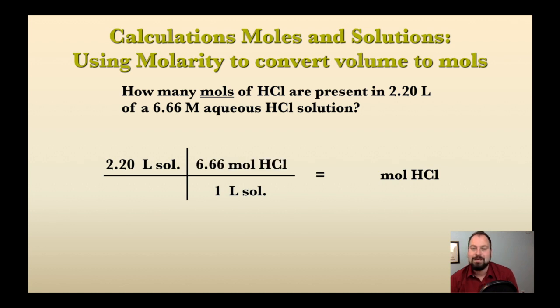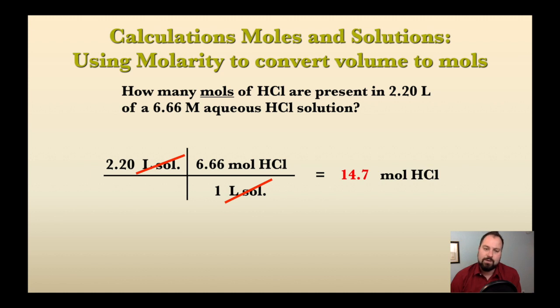It is 6.6 moles of HCl on the top for every 1 liter of solution. So that is the equivalent of multiplying the two. And what do we get from crossing out the liters? We get the moles, which is what we're looking for, and that comes out to be 14.7 moles.